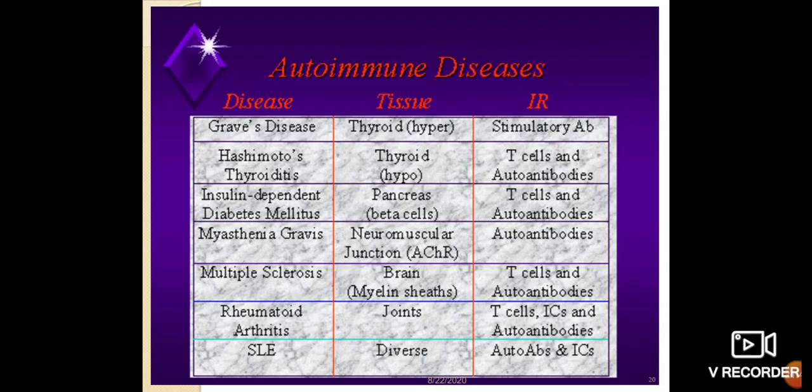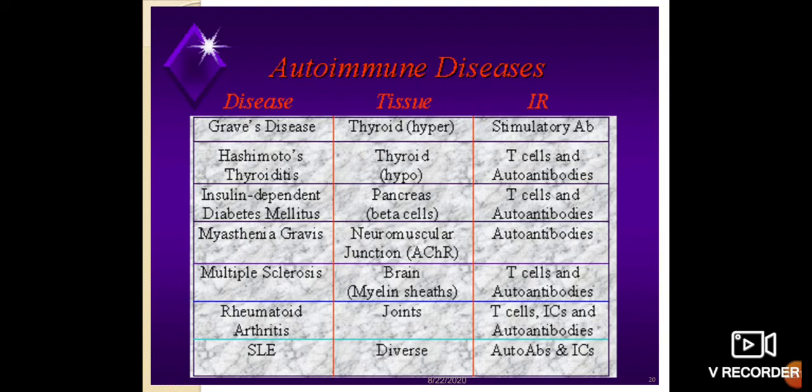The thyroid. In Hashimoto disease, also the thyroid. Insulin-dependent diabetes mellitus type 1 affects the beta cells of the pancreas. In myasthenia gravis, the neuromuscular junction, resulting from binding of a specific antibody with the acetylcholine receptor.